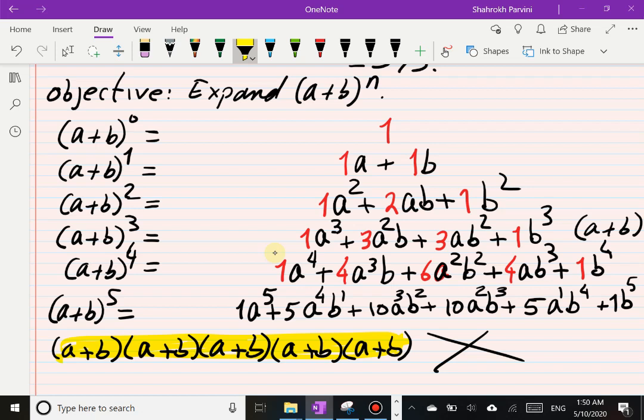Now let's take a look at other patterns you see in a plus b to the 5th. If you count the number of terms, the exponent is 5, right? Look at the number of terms: 1, 2, 3, 4, 5, 6. So there's one more term than the exponent. Look at a plus b to the 4th power.